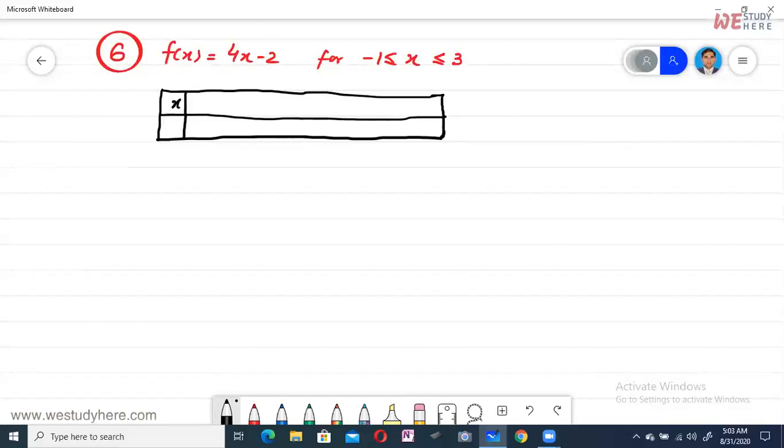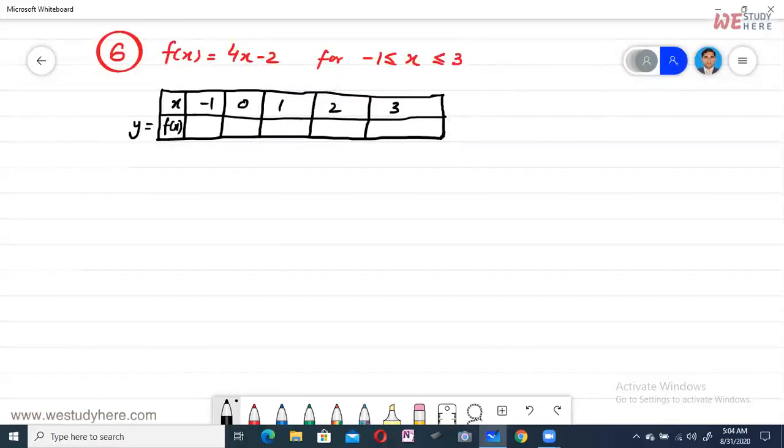Here we will take the value of x, and here f of x, or y we can say. As the domain is given, -1, 0, 1, 2, 3, then we need to write the range here.